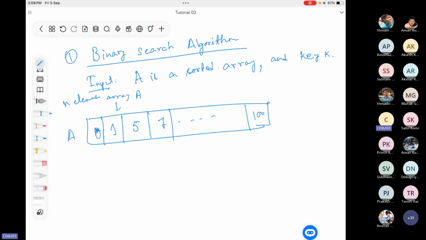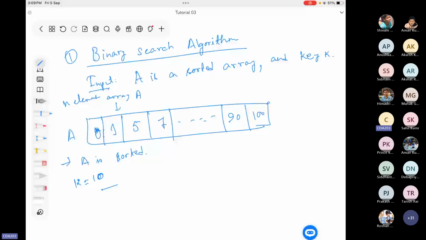It's a sorted array. You have to search for, let's say, k equal to 10. So 10 would be somewhere after 7 and below 100. The algorithm is a divide and conquer algorithm.